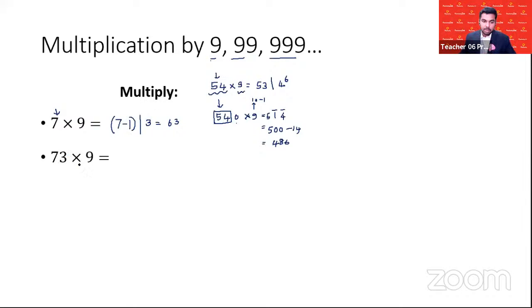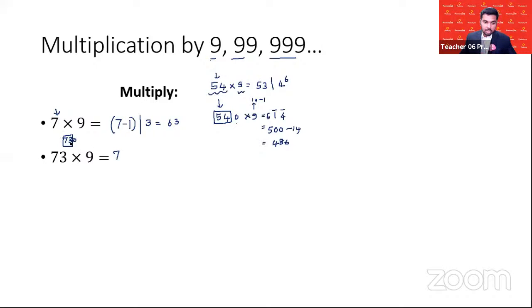So I'm going to do 73 multiplied by 9. So what you have to do is write 73 as 730 and put a square around the 73 to indicate that the 0 is outside. Now do the rule. The rule says the first digit that you should write is the first digit of the number 73.